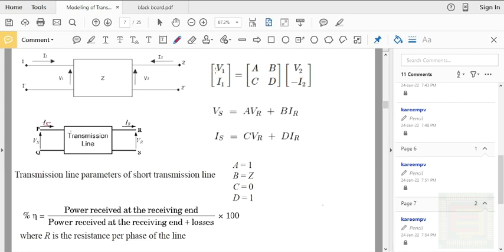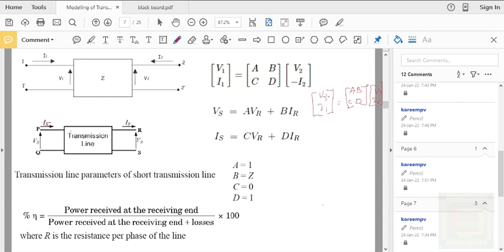So if you represent this two-port network in terms of the parameters, Vs and Is equal ABCD times VR and IR. You can see that IR is flowing out of the network, that is why the negative is replaced with this. So you have to remember this formula.